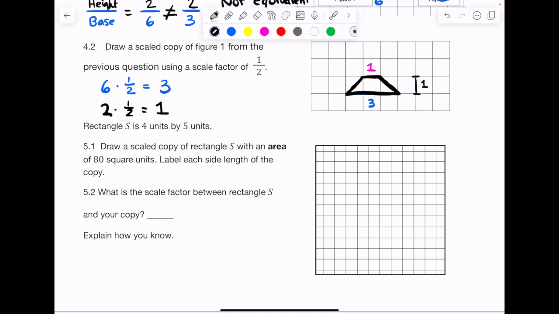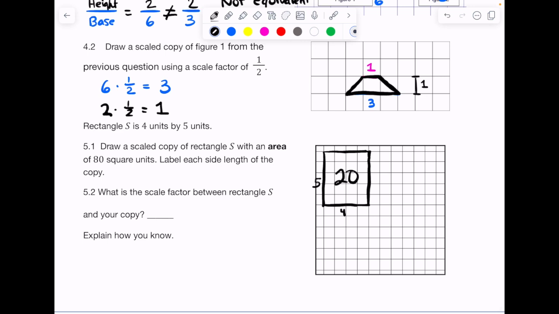So they tell me it is 4 units. 1, 2, 3, 4, 5 units. Okay, this is going to be rectangle S, 4 by 5. And that has an area of 20 square units. Okay, that's my original.